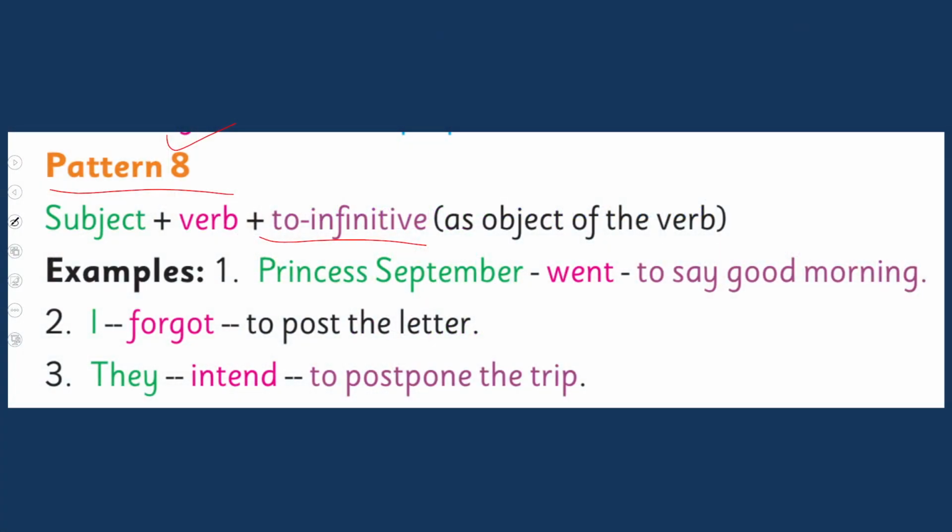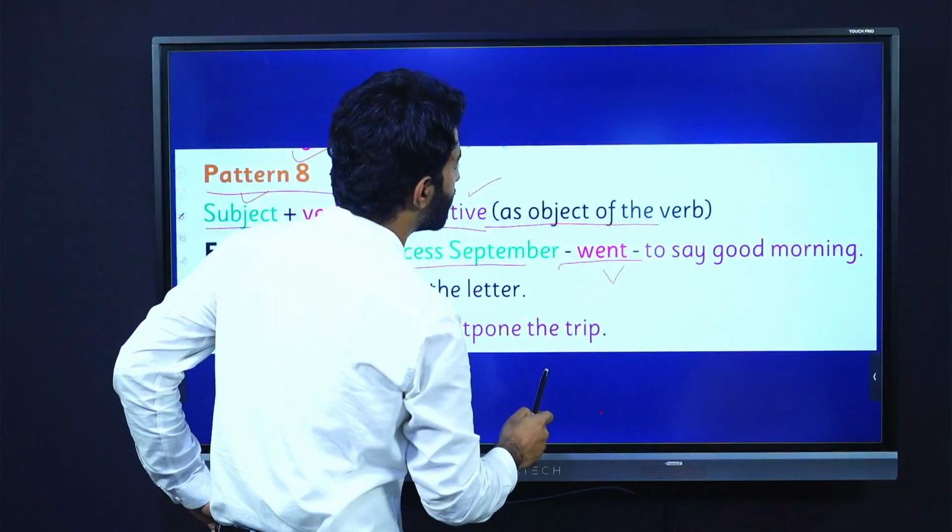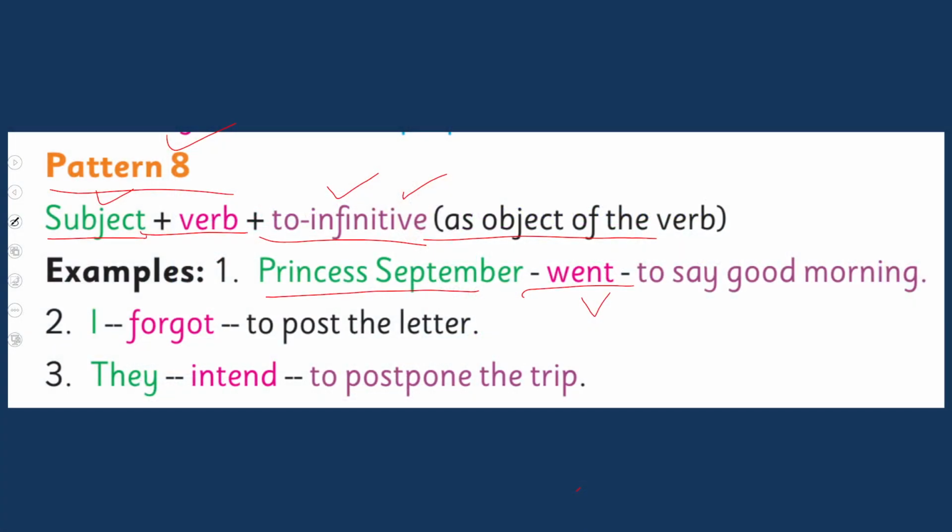Let's say subject plus verb plus infinitive as object of the verb. Infinitive is used as the object of the verb over here. For example, Princess September went, क्या है verb, to say good morning. So to say good morning is our infinitive.